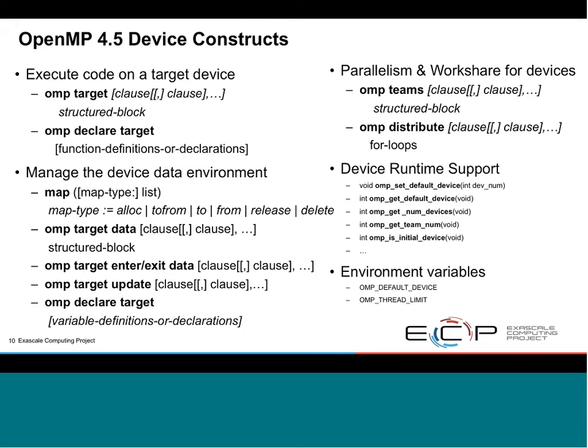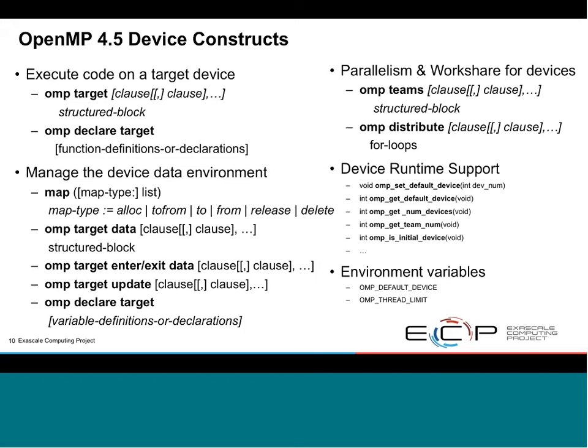And for those, we have OMP target data, target enter-exit data, and target update, as well as declare target. All of these directives are meant to control the data environment, and we're going to discuss how to use them more in depth further on through the webinar.